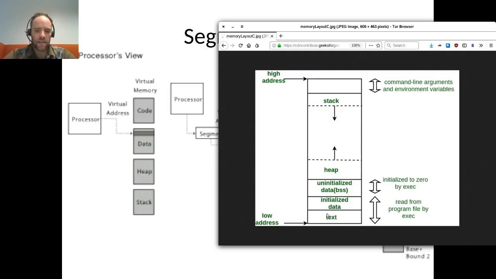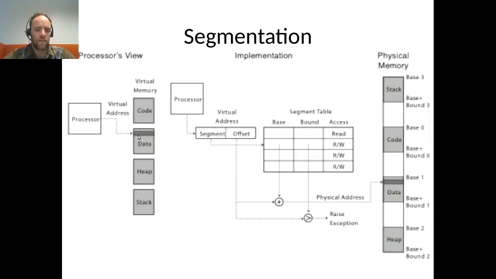So we have a text segment here, which would correspond to the code. We have a data segment here, which corresponds to the uninitialized and initialized data. And then we have a heap and a stack, and we see those here growing towards each other. So these segments would have different permissions, and the processor then would access those different segments accordingly.